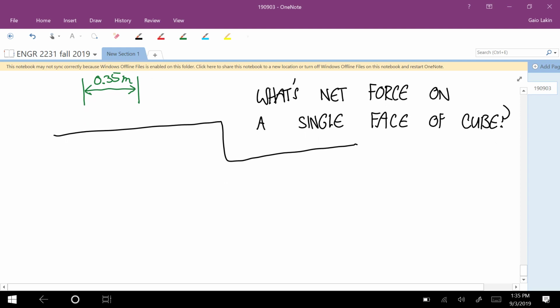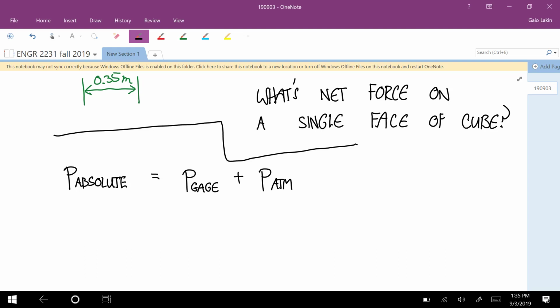So the absolute pressure is the gauge pressure plus the atmospheric pressure. In this class, the pressure that we want is always going to be the absolute pressure.